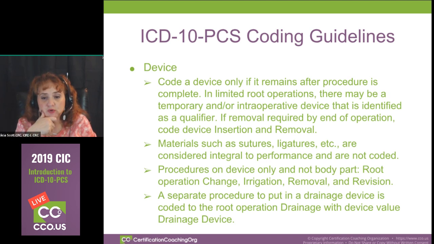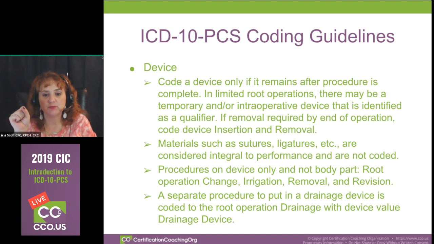If you remove that device, then it's classified as a removal. Right. So now we've got materials, sutures, ligatures, and everything. We know that's not coded. We already discussed that. That device is not mentioned. But let's say we have a device only and not a body part. Well, then the root operation changes. Then we use irrigation, removal, or revision.